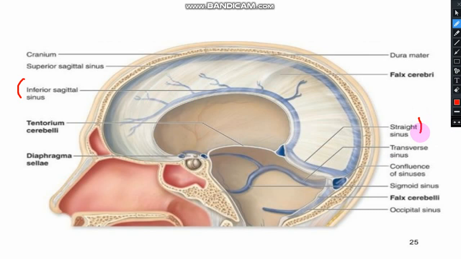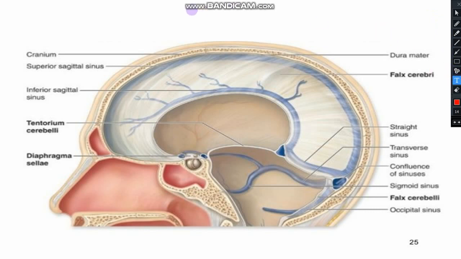This inferior sagittal sinus and straight sinus are enclosed in the meningeal layer, whereas the rest are enclosed between the outer endosteal layer and the inner meningeal layer.